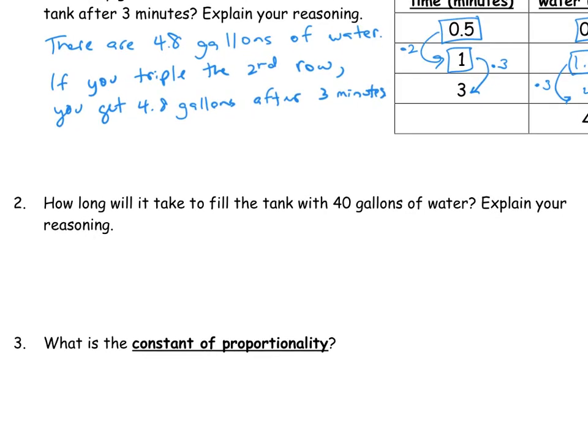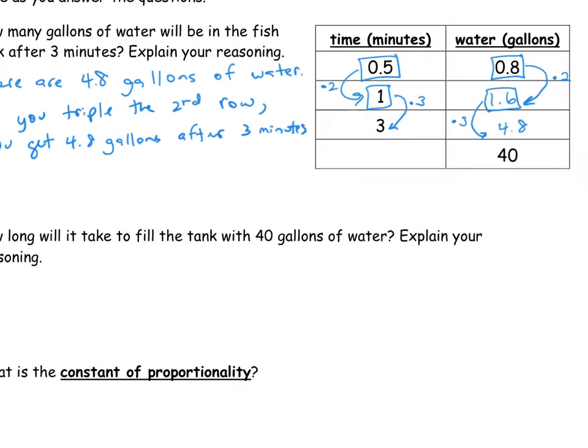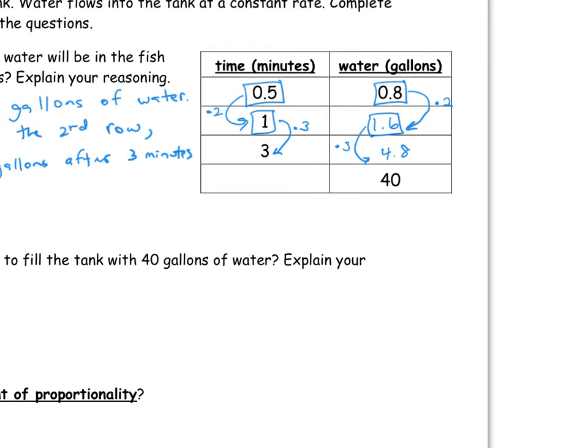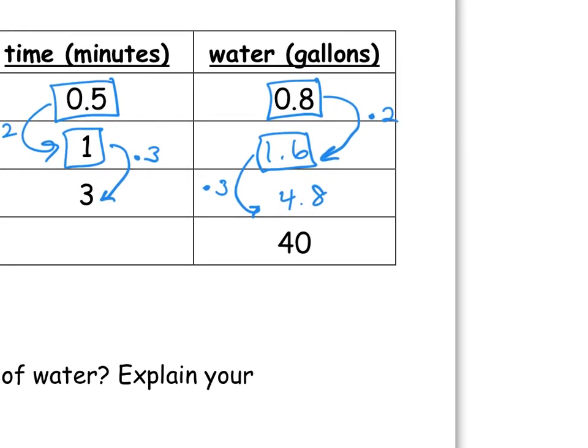The second question says, how long will it take to fill the tank with 40 gallons of water? Explain your reasoning. If we continue with the process of working down the table, which is using scale factor, I can determine that to get from 0.8 to 40, I'm going to have to multiply by 50.